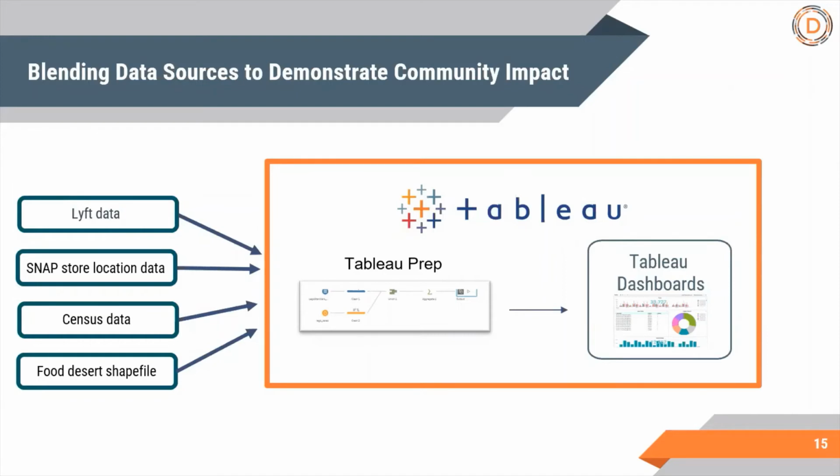So we brought all these data sets into Tableau. The Lyft data, however, needed to be reformatted before we could include it in our dashboard. And we did this using a feature in Tableau Online called Tableau Prep. It's an easy to use utility that will clean, transform, and shape your data.